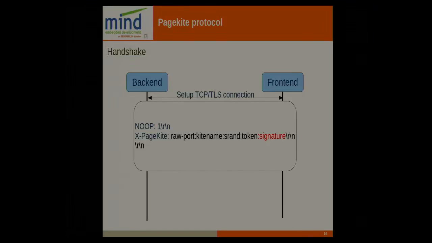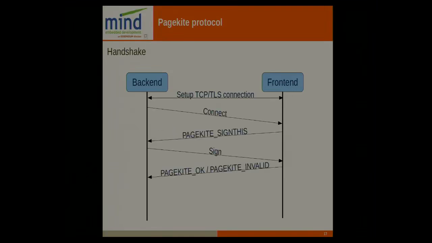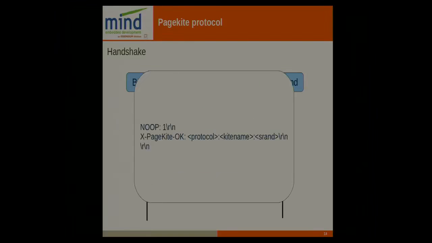So the front-end and the Mbed device have a shared secret. You create a hash, and that's your signature. And then, of course, the front-end replies whether your signature was okay or not, so with a normal okay or invalid.